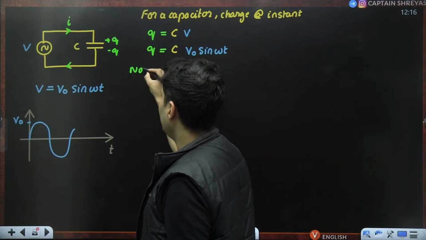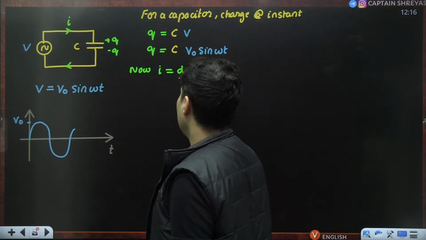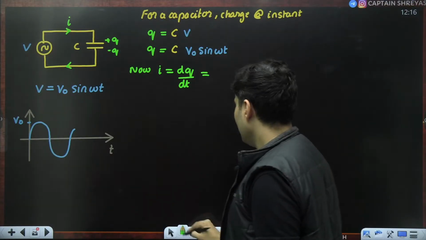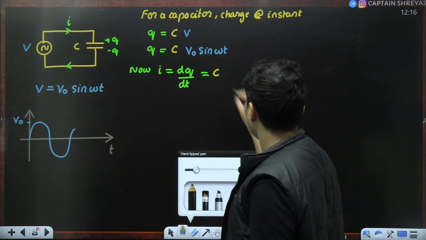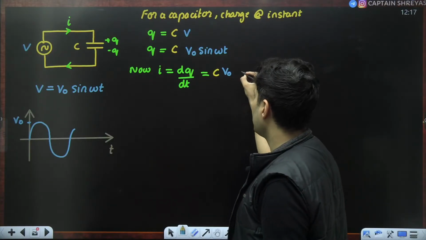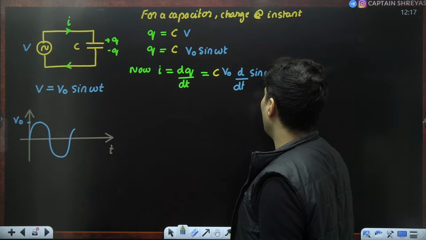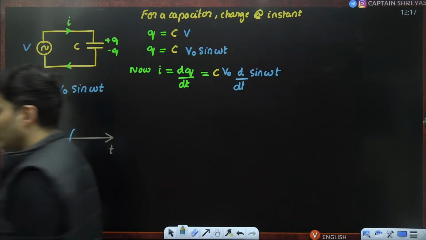Now I can find the current, which is nothing but dq by dt. So take the derivative of this. In this derivative, the capacitance is a constant, and even the voltage amplitude is a constant. So the only derivative will be of the sine omega t term.